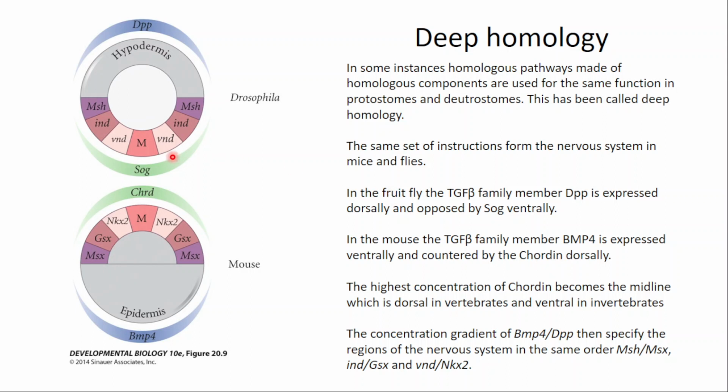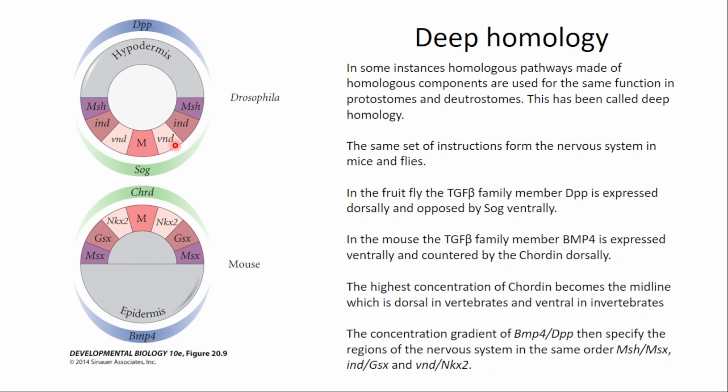So we may have a difference in the expression, but similar function is observed. Here also we have an activator and an inhibitor specifying two different regions of the body axis in the animal. The highest concentration of chordin becomes the midline, which is dorsal in vertebrates and ventral in invertebrates.